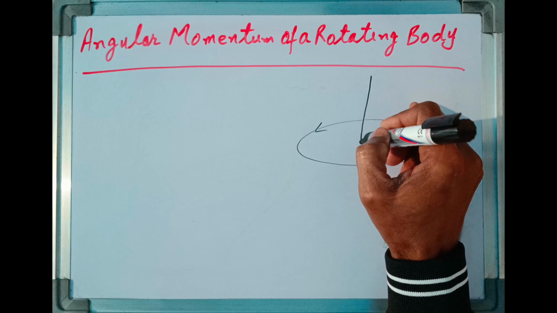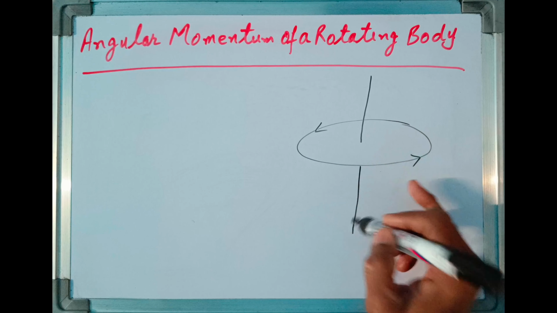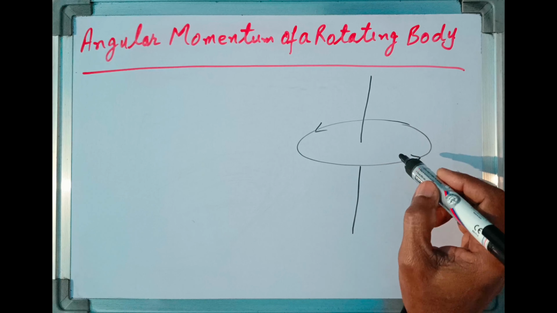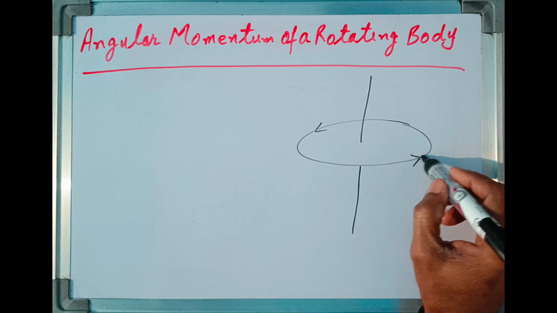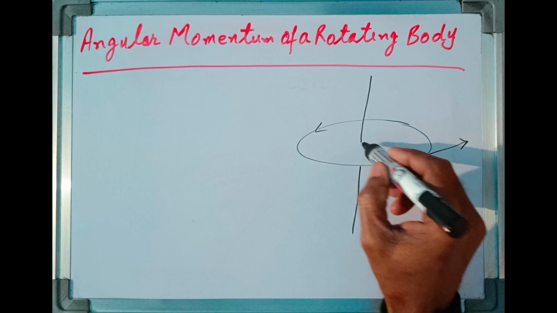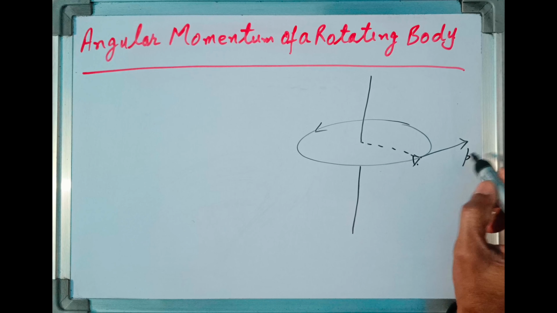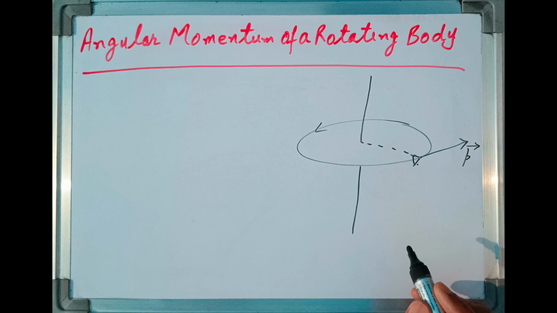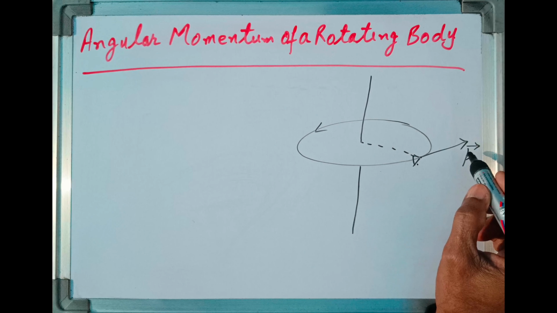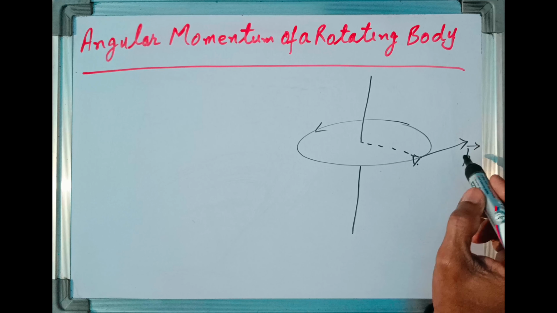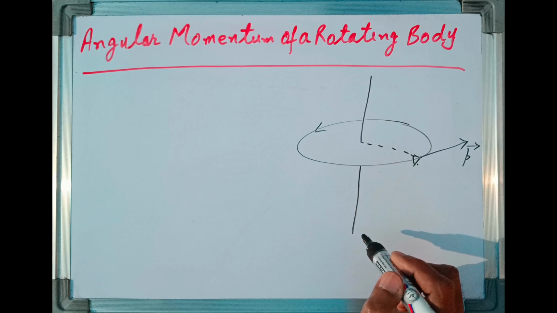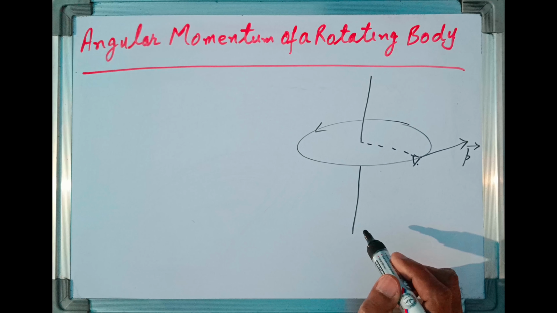Suppose this is the axis of rotation of the body. When the body is moving, it has some linear velocity, which means it has some linear momentum. The moment of this linear momentum about the axis of rotation is called angular momentum.